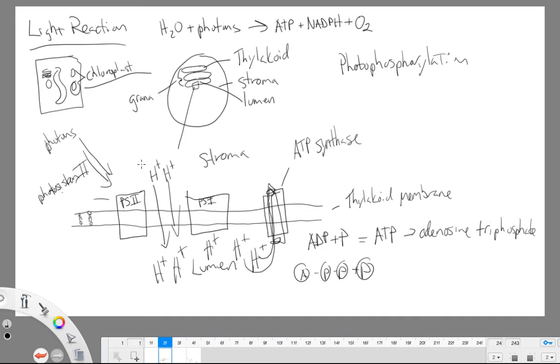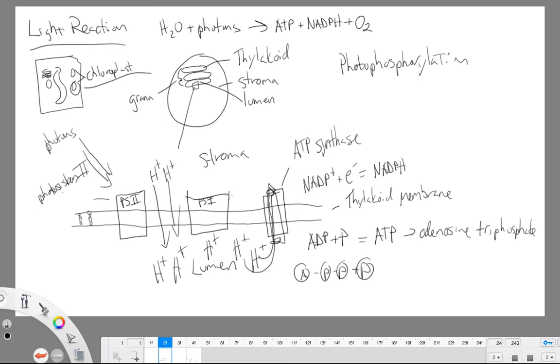Well, eventually, at the end of this process, that electron is going to combine with NADP+ to create NADPH. That's creating that NADPH up there. This is an electron acceptor, and it accepts this electron at the end of this process. And I'll show you that process in a second.